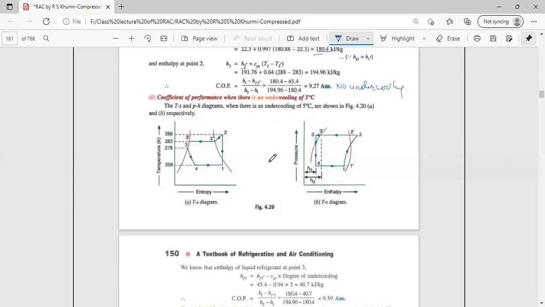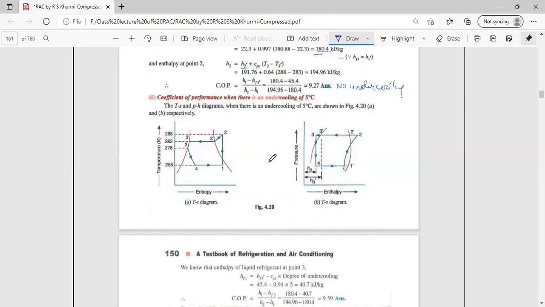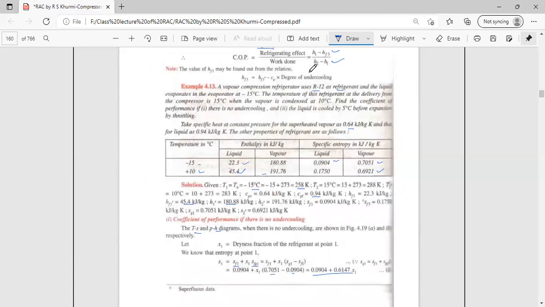Now, let us go through the other case. The coefficient of performance when there is an undercooling of 5 degrees centigrade, which is given in the problem. First, there is no undercooling, and number two, the liquid is cooled by 5 degrees centigrade before the expansion or throttling.